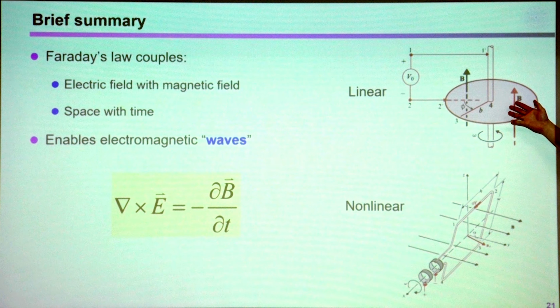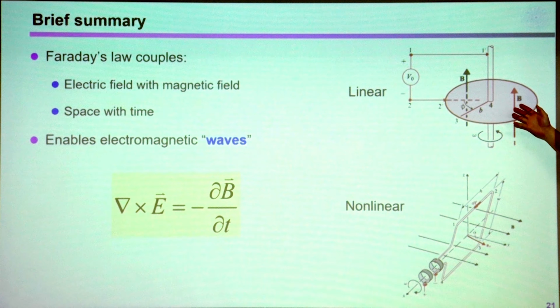The first case, where your rotating frequency is omega, and then your induced motional EMF also has the same frequency. So basically, this is a linear device, a linear system, right? Linear system means you inject a certain frequency, and your output also has the same frequency.